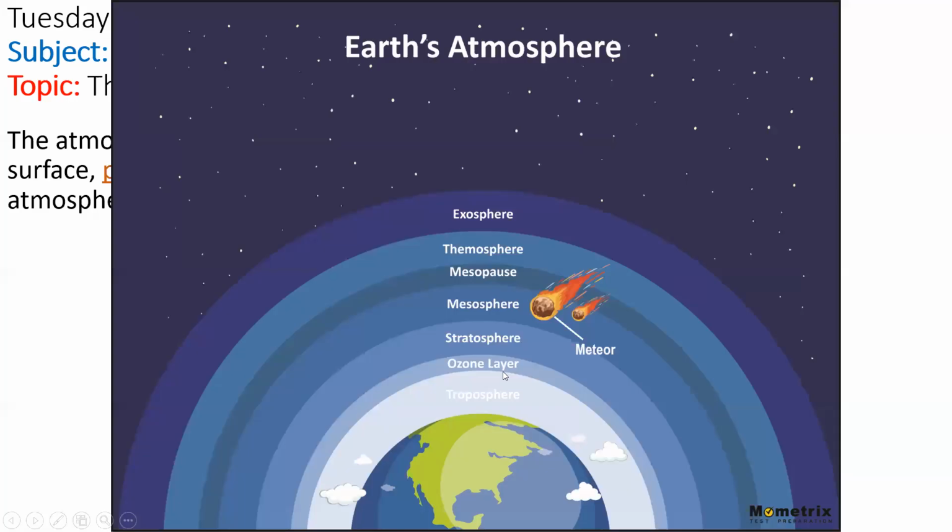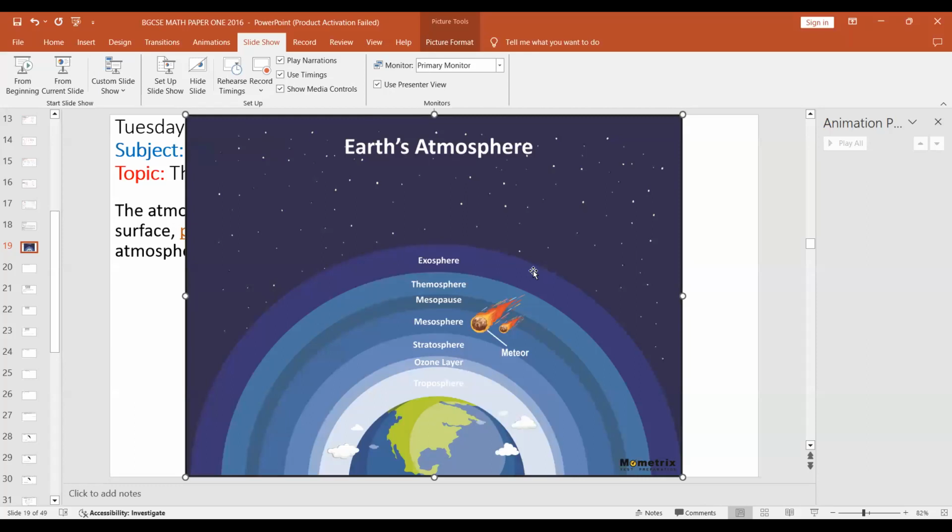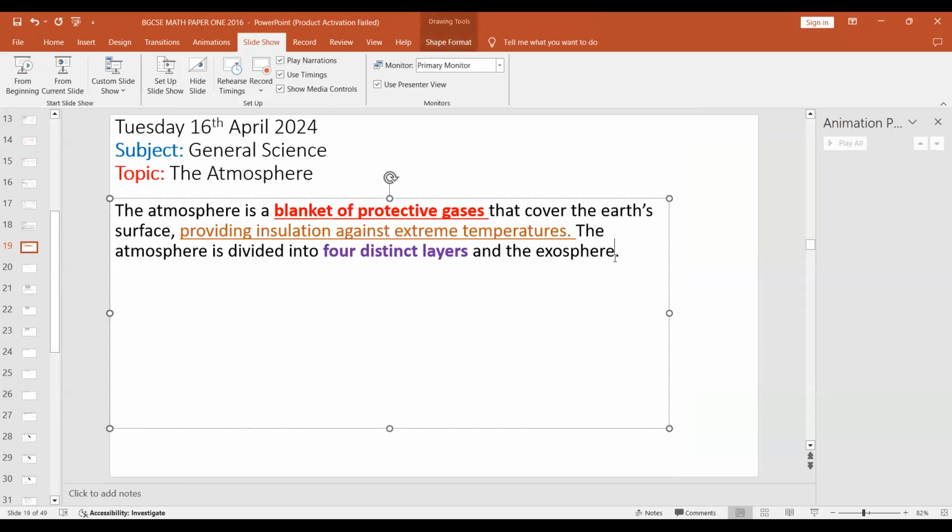And you have the troposphere, the ozone layer, the stratosphere, the mesosphere, thermosphere, exosphere, and so on. So this is basically what we mean by the Earth's atmosphere. These layers of protective gases that cover the Earth's surface, acting as a shield in a way from the extreme temperatures on the outside. All right, so that's basically what we mean. That's a good visual you could look at just to get an understanding of what's happening.